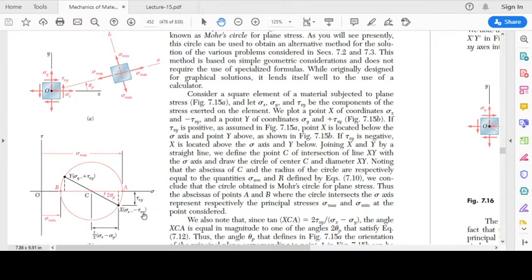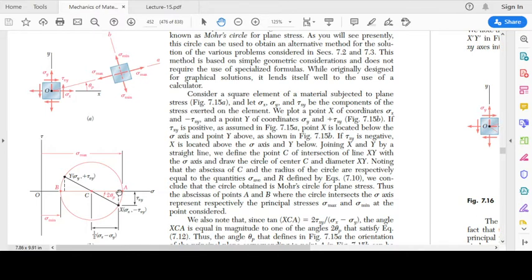So this line cx is representing the vertical plane. This line cy is representing the horizontal plane. On the horizontal plane, we have sigma y as the normal stress and tau xy as the shear stress.